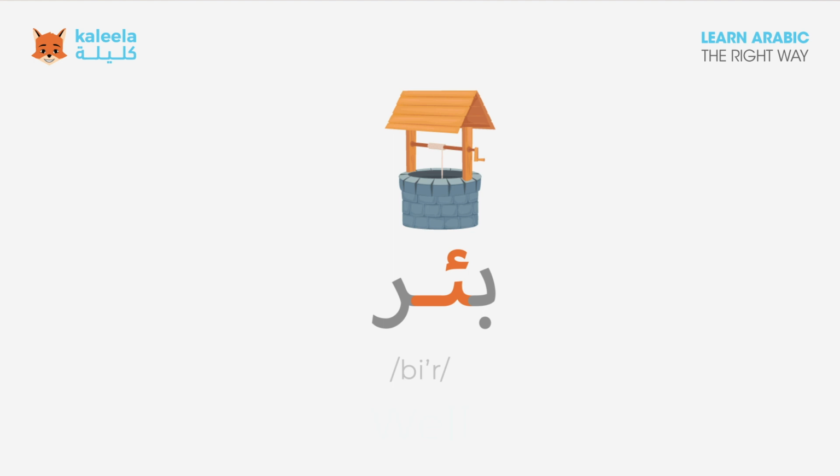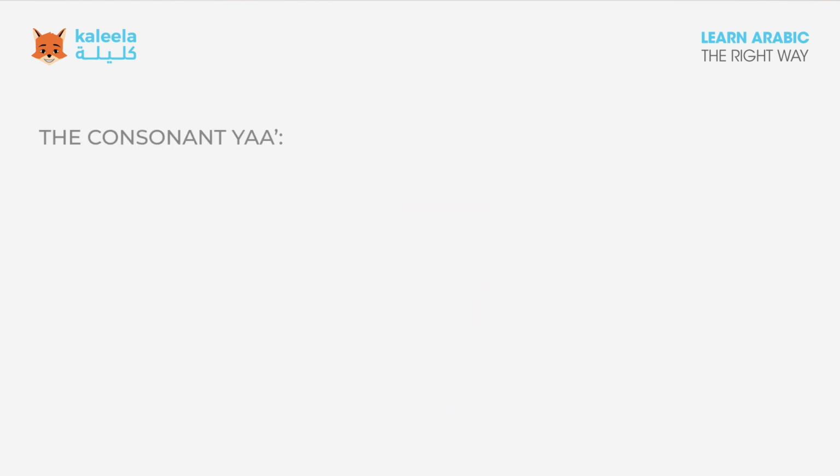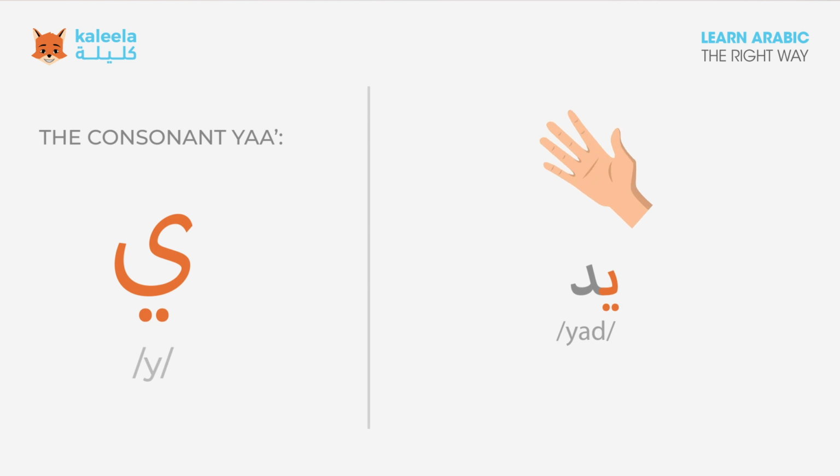Bi'r, which means well, when it comes with the mark Hamza on top. As you can see, the Ya here looks like a long horizontal curve that is cut in half with the Hamza on top of it. Also, the consonant letter Ya is transliterated with a Y, as in yad, which means hand.